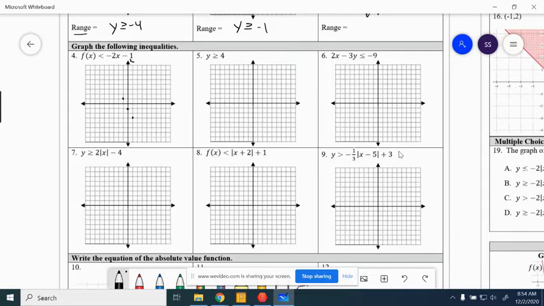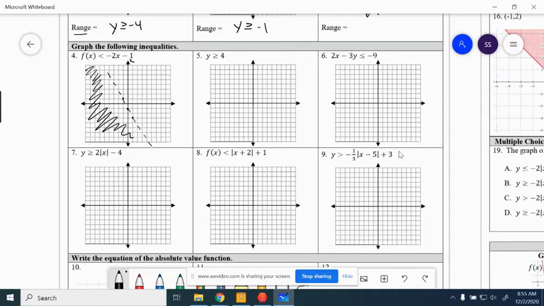So here is our line. We have to determine if it's solid or dashed. There's no line underneath, so that means it is going to be a dashed line. Okay, and this is less than, so we go below. Less than, we shade below.